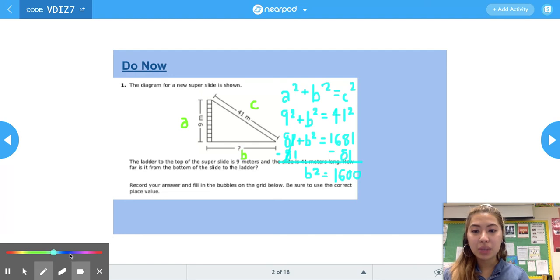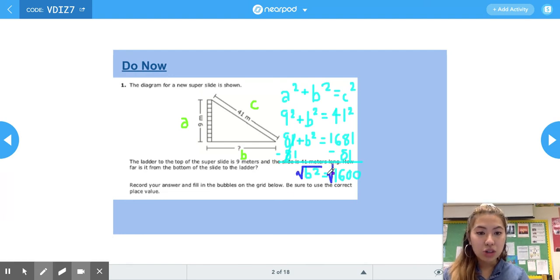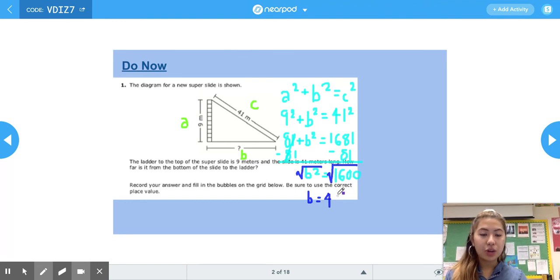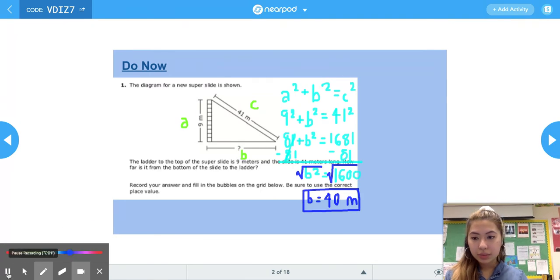My very last step is going to be to square root both sides to figure out just what B is. So the square root of 1,600 is 40. And our unit of measurement in this problem is meters. So our answer is that B is 40 meters.